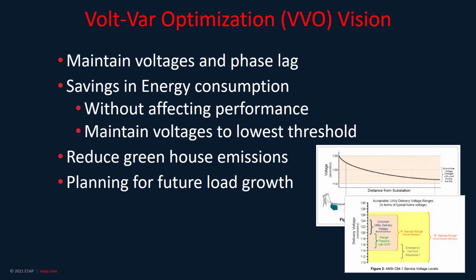The principle of CVR is that savings in energy consumption are achieved by a reduction of voltage level without affecting the performance of the customer's devices, and minimizing system losses. This means that total power demand can be reduced by operating in the lower allowable range of the voltage, as shown in figure number 2.